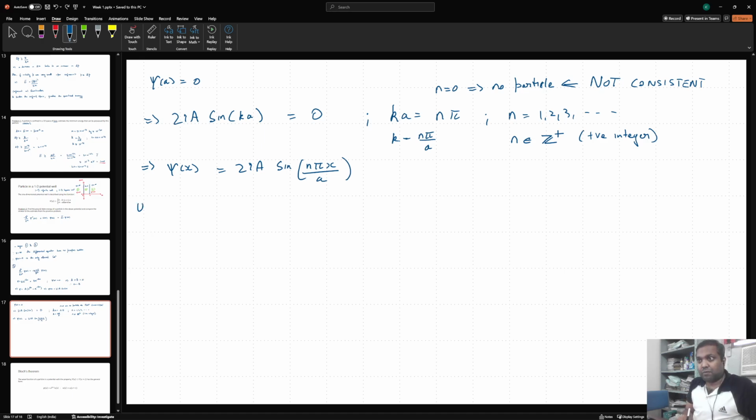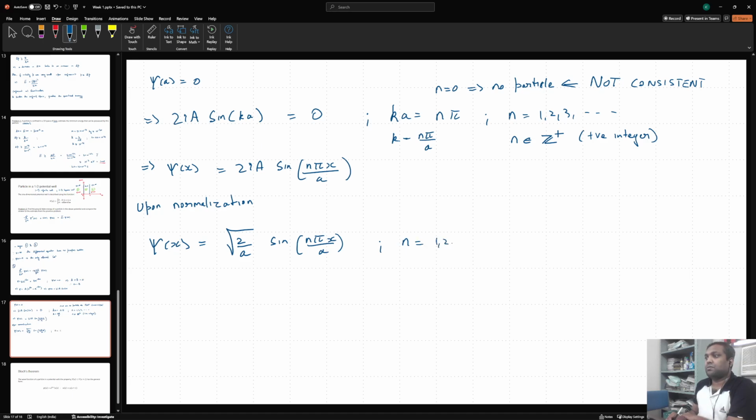Upon normalization, I'm not going to repeat that because that has been done in the lectures, I will have psi of x equals square root of 2 upon a times sine n pi x by a, where, just to reiterate, n is equal to 1, 2, 3, and so on.